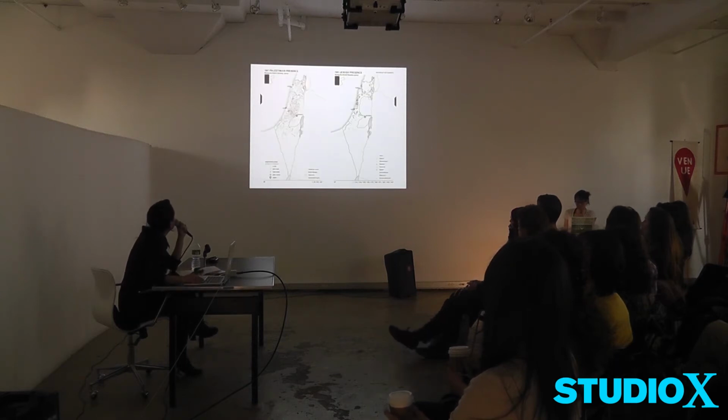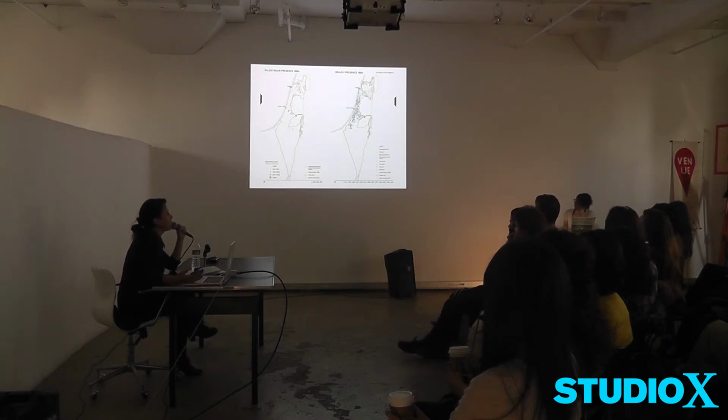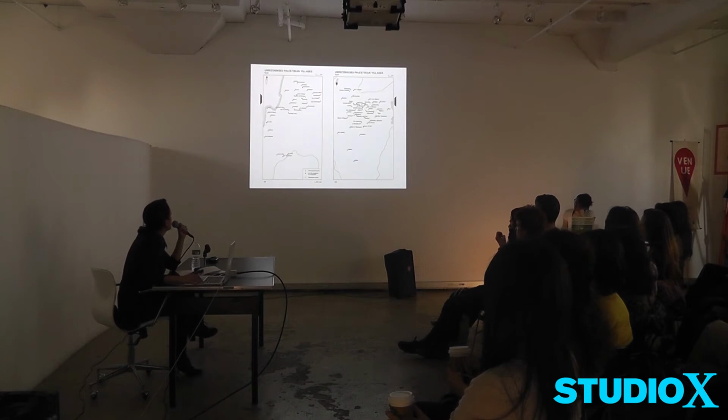It was shocking to see the differences between 1947 and 1950. This is after the establishment of Israel, the distribution of settlements. So this is why the map was the most efficient tool to show patterns.